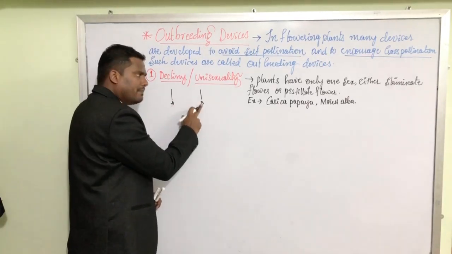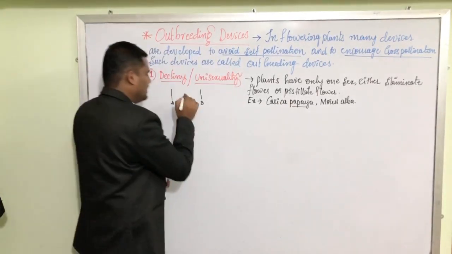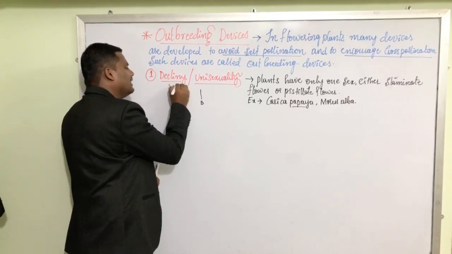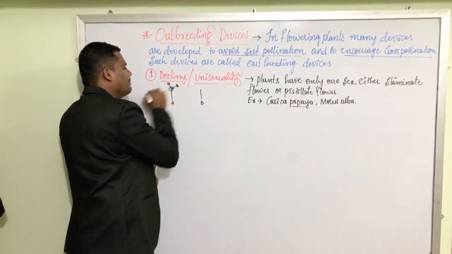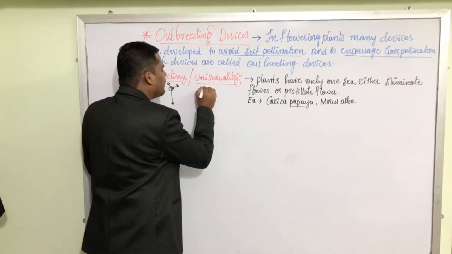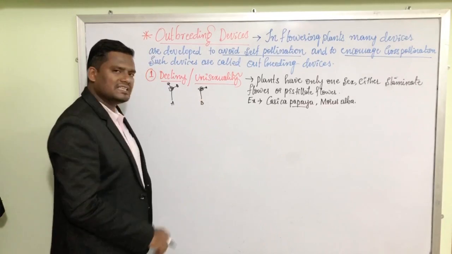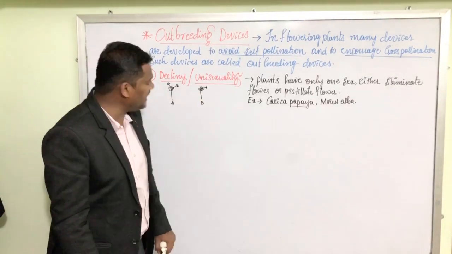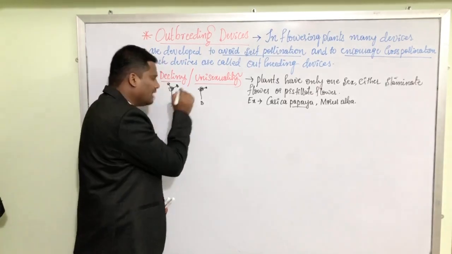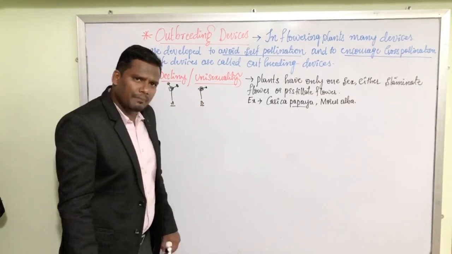Consider these A and B plants are papaya plants. In plant A, we have only the staminate flower. That means definitely we have the male flower here. Here we have the pistillate flower. That means definitely it is having a stigma, style and the ovary. Here plant A is a male papaya plant. Plant B is the female papaya plant.